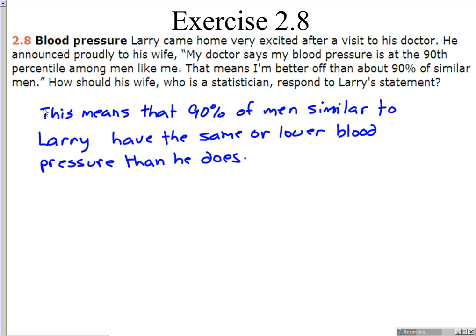So in this case, even though the 90th percentile sounds like a good thing because it's almost 100%, 90th percentile is bad in this situation because most men have his blood pressure or a lower blood pressure than what he has.